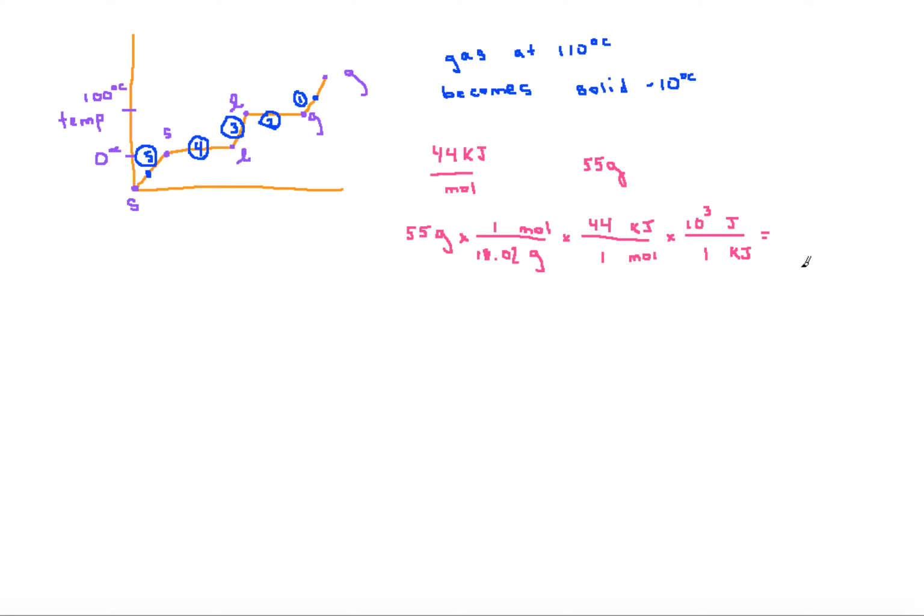I might slightly change the numbers, obviously, but it's just using your heat of vaporization or your heat of fusion, the value that'll be given to you, and the mass to figure out how much heat total is required for that change in state of matter, either from a liquid to a gas, a solid to a liquid, etc. So I would take 55, divide it by 18.02, multiply by 44, and then multiply by 1,000, and that would give me my answer. And that's it.